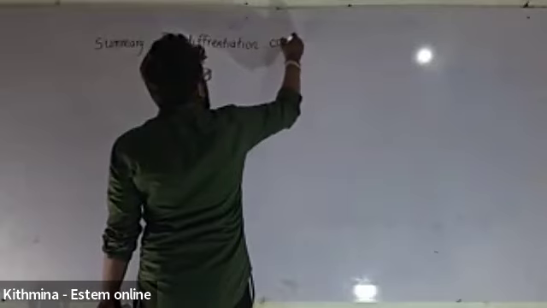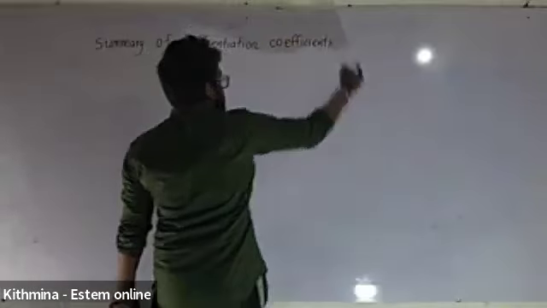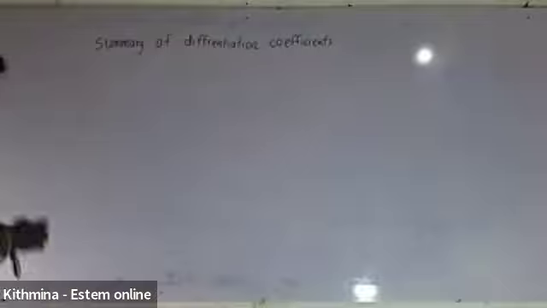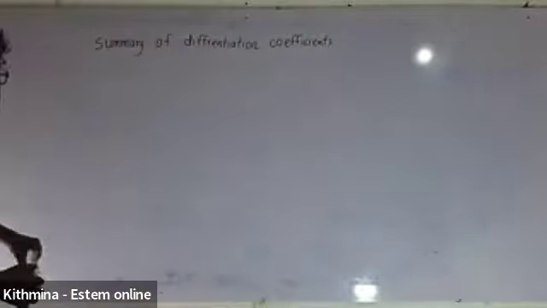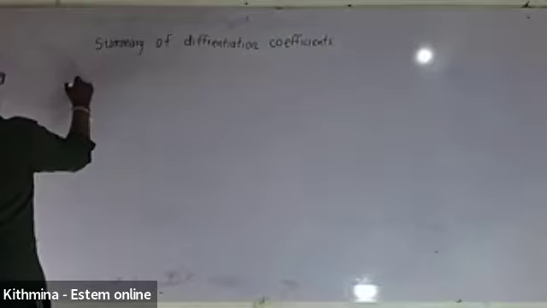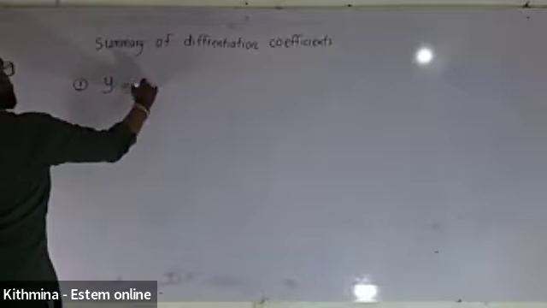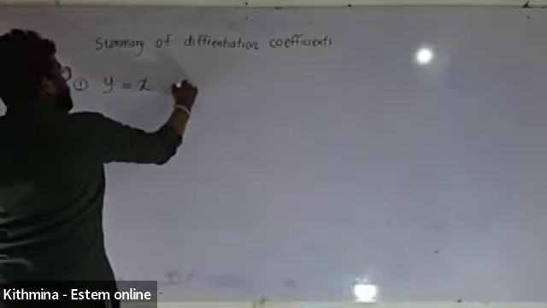Summary of differentiation. We say they are coefficients. The equations that we get. The first thing is this, the things that you should keep in your mind. Tell me, if y equals x, what's the differentiation?